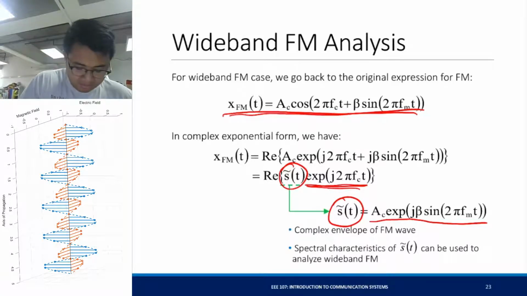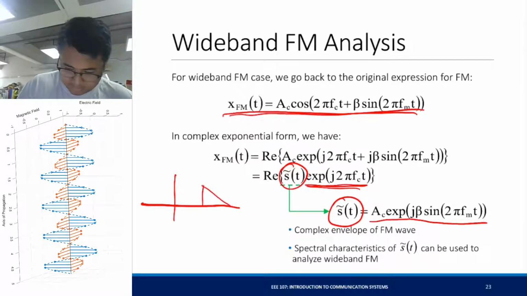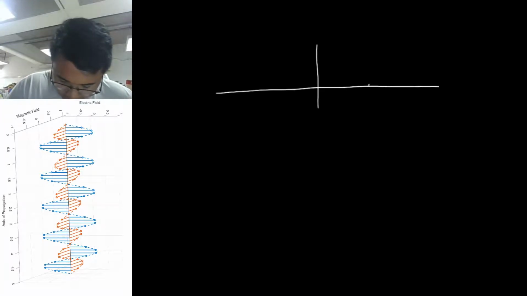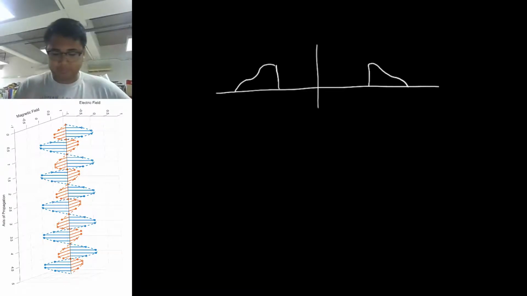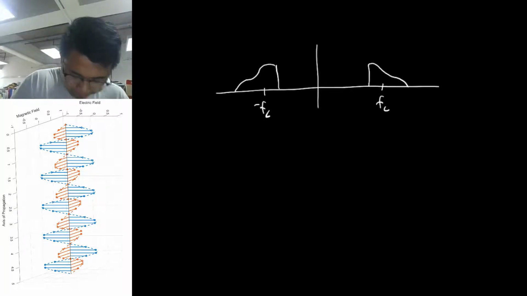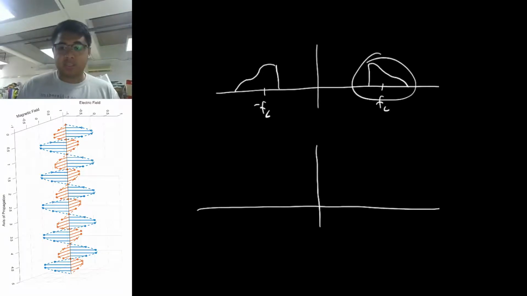So recall that if we have a bandpass signal, so let me just redraw that. Recall that if we have a bandpass signal with a spectrum that looks like this, let's say fc is right here. Its complex baseband equivalent will just translate the positive component into the baseband spectrum.